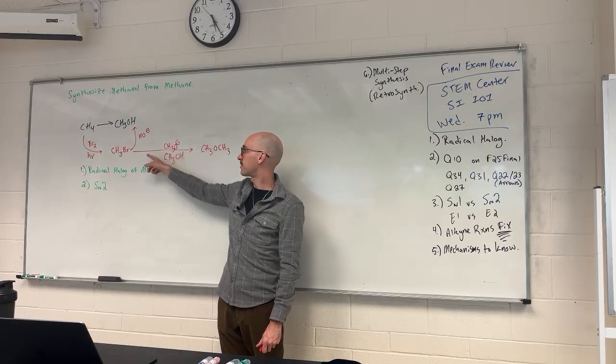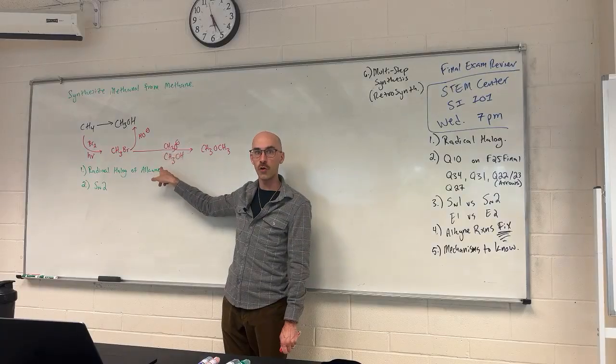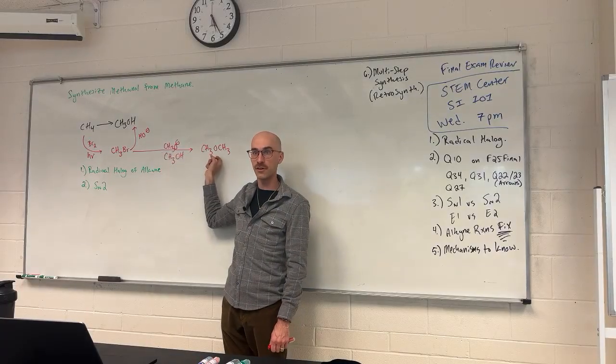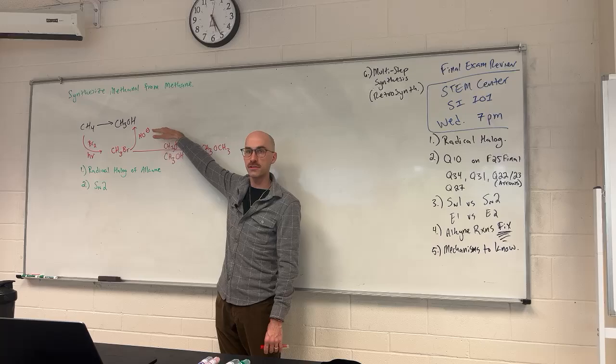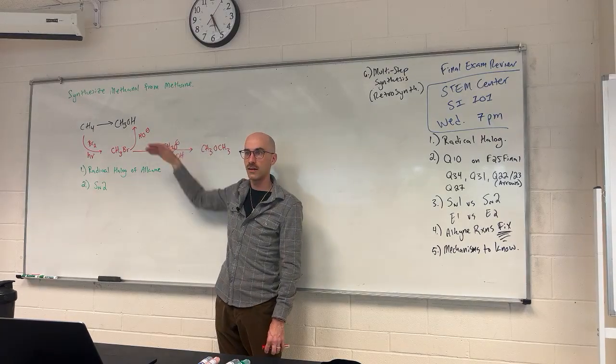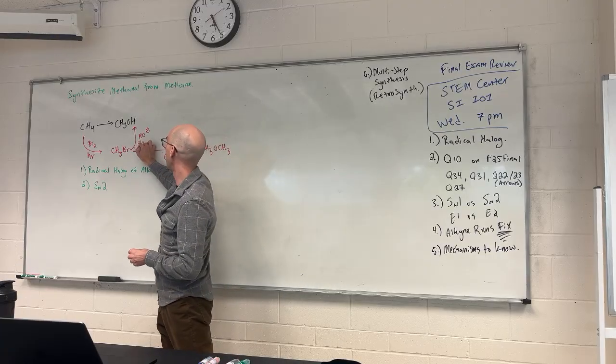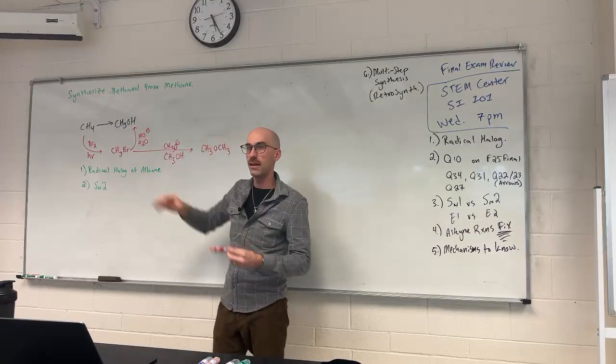If I can substitute using RO minus to make an ether, or ROH to make the same ether, then I could substitute with OH minus or water, H2O, to make the same alcohol.